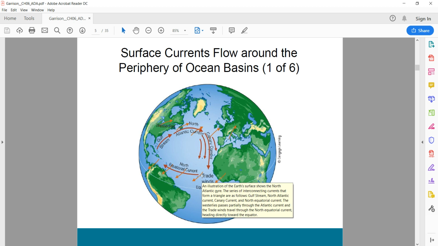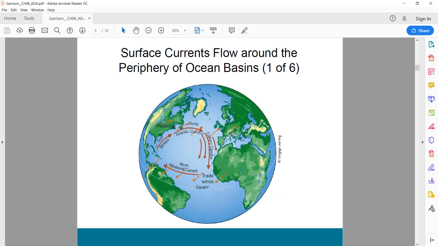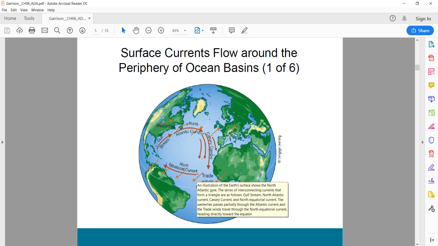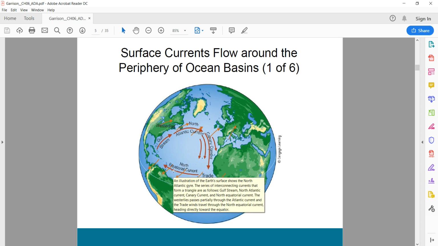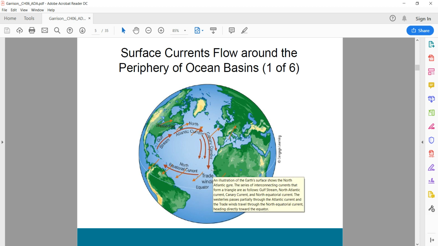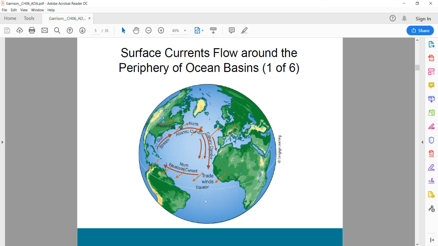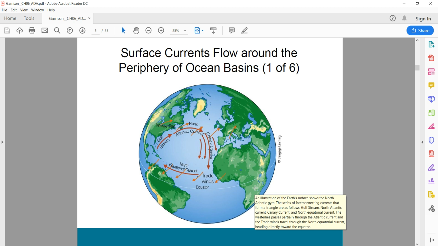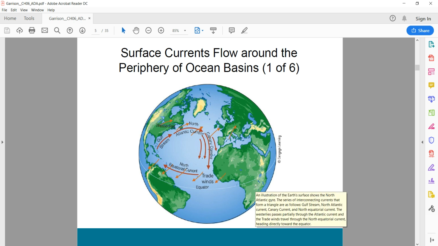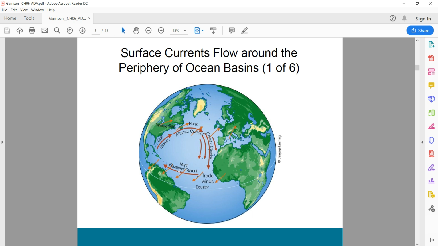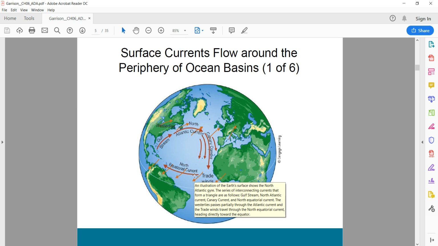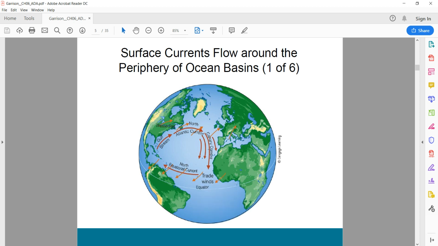So the currents in the northern hemisphere, if you look at these, the North Equatorial current, these are the currents around the equator, and as we learned in the last chapter, the equator is the area on our planet that receives the majority of the solar energy, or it is the hot strip on our globe. So the wind that is blowing around here is also relatively warm, and that makes the ocean water also relatively warm.